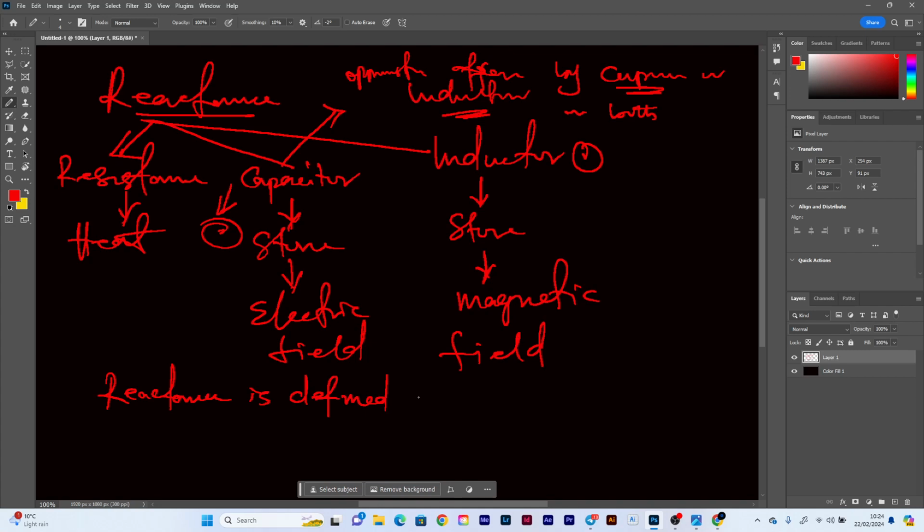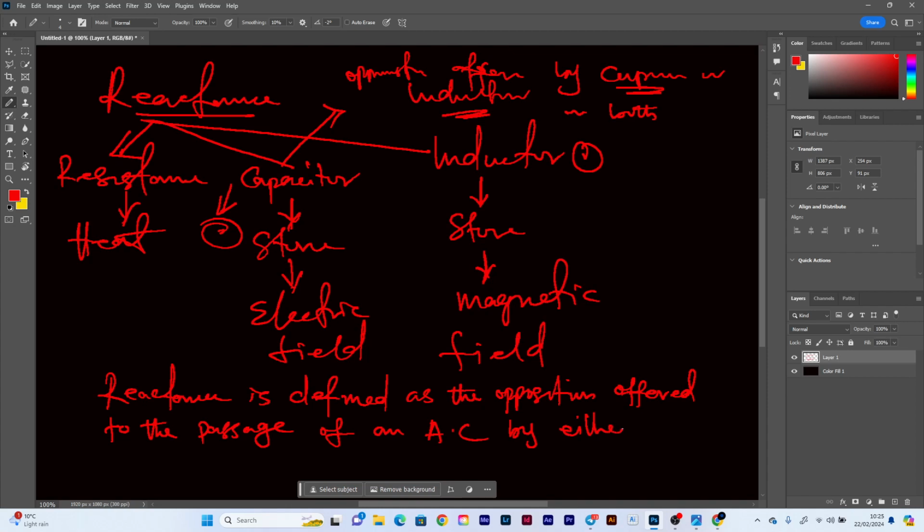Reactance is defined as the opposition offered to the passage or flow of an AC, because it's not possible for you to have it in a DC. Do you understand where I'm coming from now?